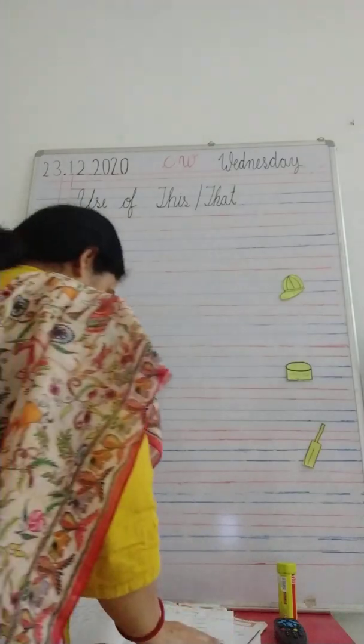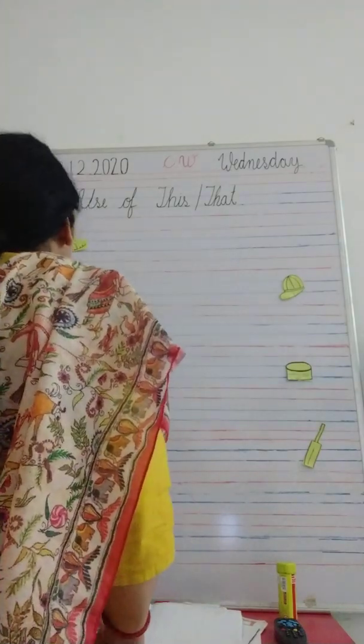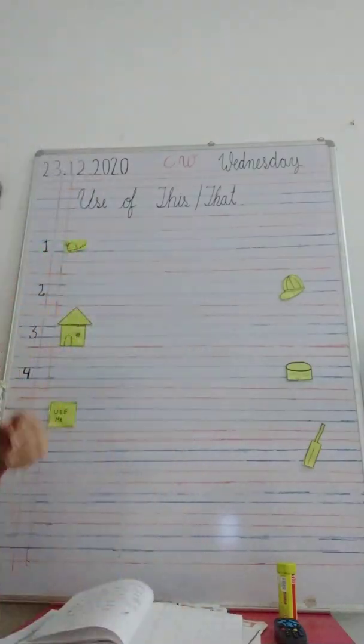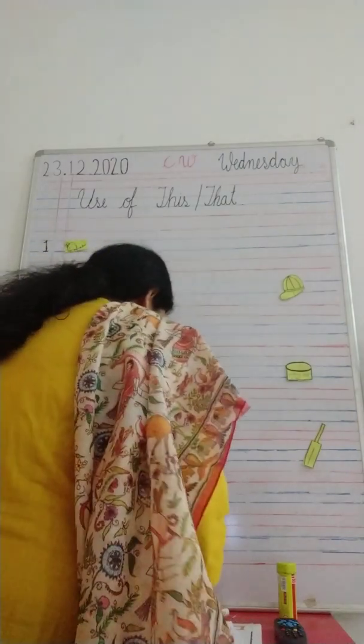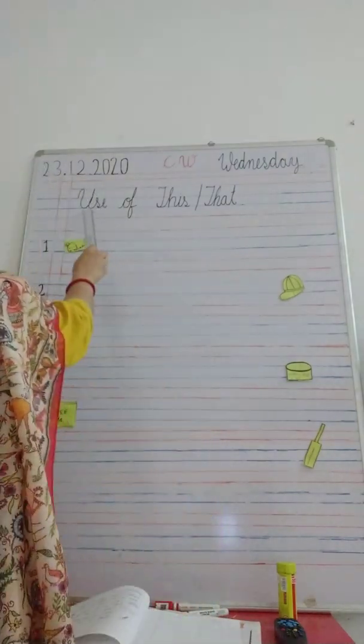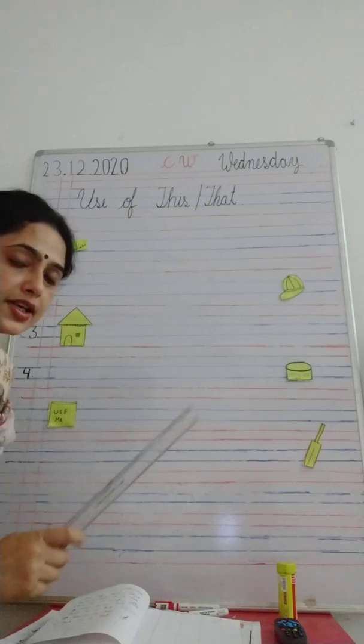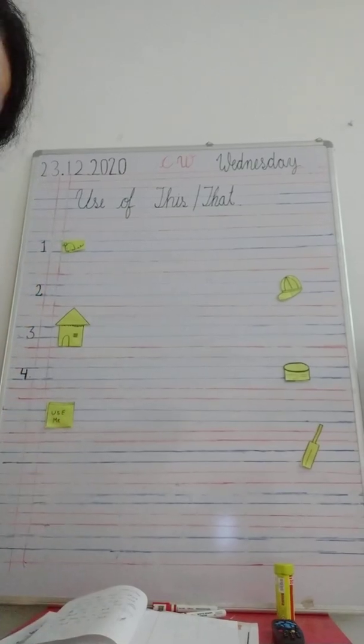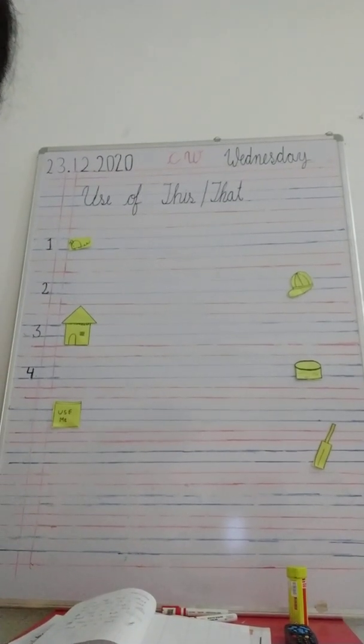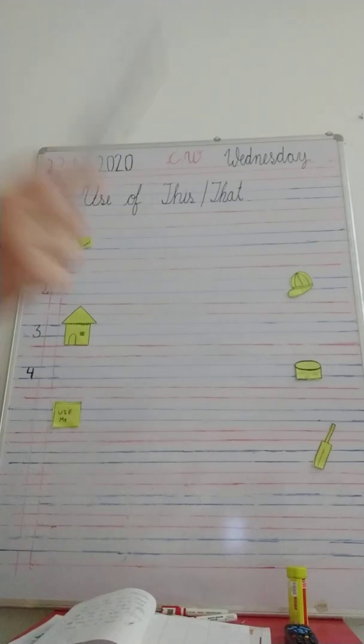Okay, so let's do today's topic first. Can you read what is written here? Use. Is a long sound there? Yes, because the magical letter is there, two vowels are there, we'll call it U. We'll not say it a.